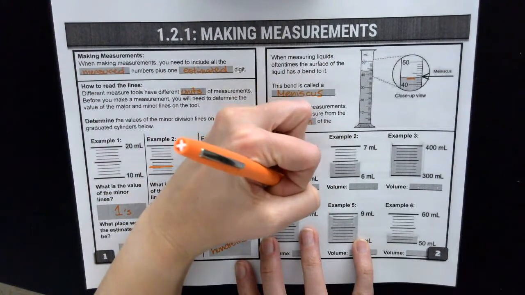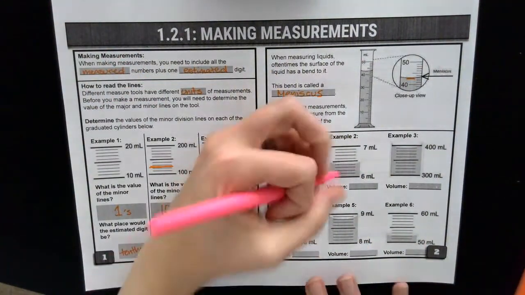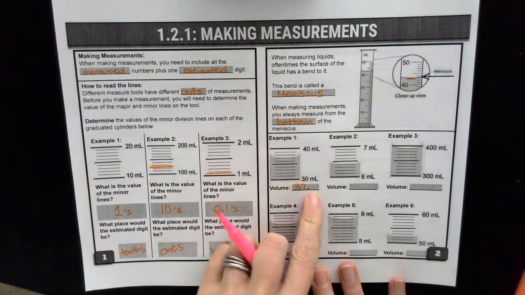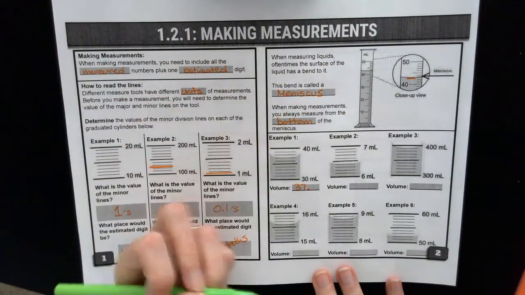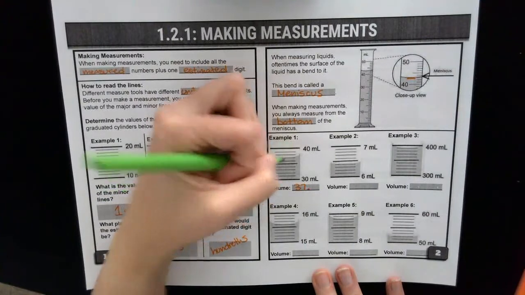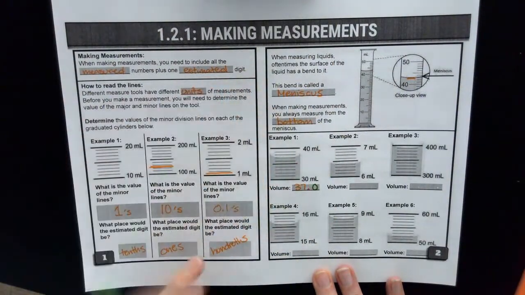So I know that I have 37 is my measured, so I know 37 for sure, and then I have to add an estimated digit in my tenths place, because I had lines for the 3, I had lines for the 7, but I had to estimate this one, and I'm going to estimate that as 0 because I see it right there on the line.